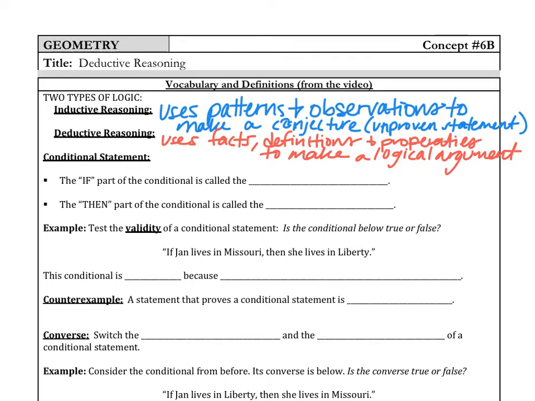So let's talk about a conditional statement. A conditional statement is an if-then statement. The if part is called the hypothesis. You may have actually used this before in science, written conditional statements. The then part is called the conclusion.